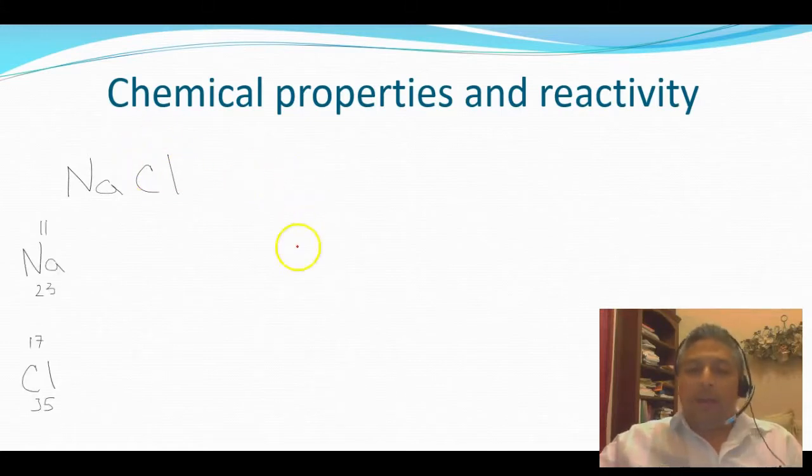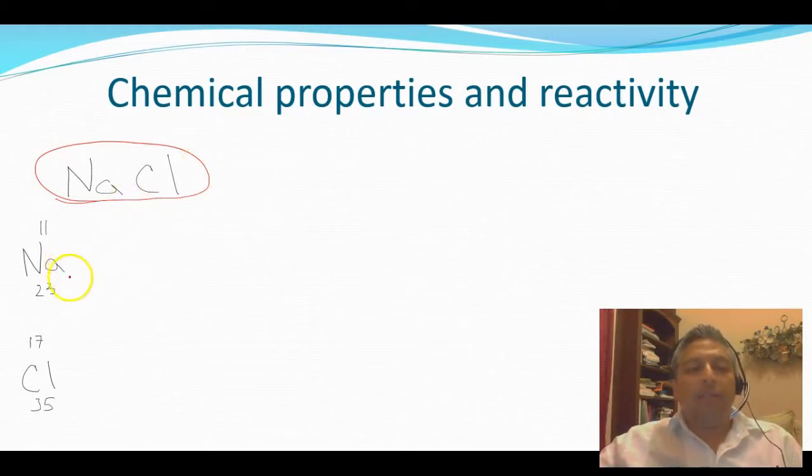So here we are going to use this compound as an example. This is sodium chloride, or simply known as table salt. It's made of 2 elements, sodium and chlorine. If I make these 2 atomic structures, I will have 11 protons. I will have 12 neutrons.